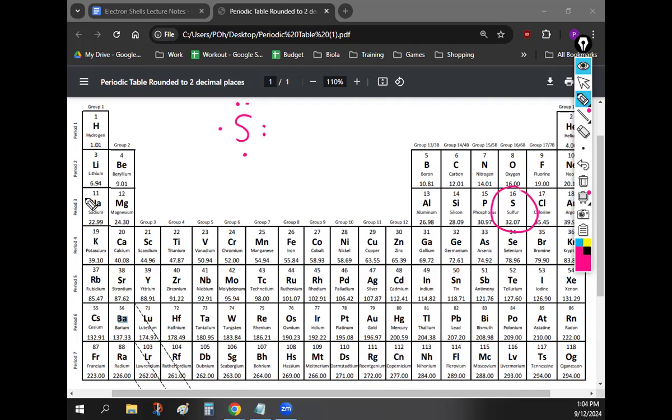Sulfur is right here. Box number 1, 2, 3, 4, 5, 6. That's how you know how many valence electrons sulfur has. You literally just count the boxes until you get there. That's it. Very easy. All right, let's talk about that example with barium real quick.